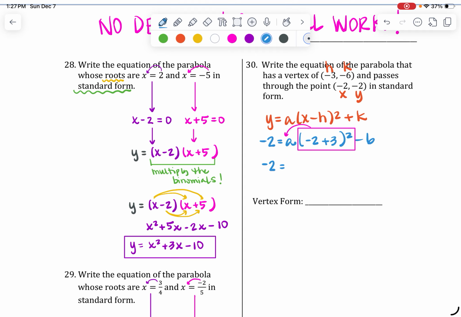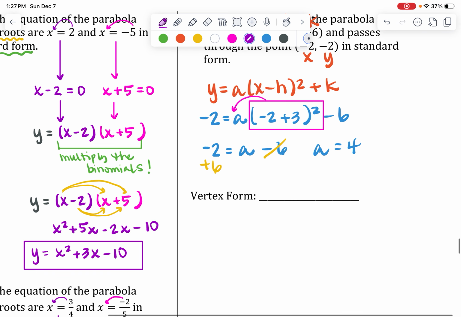So -2 equals, that's going to give me 1 squared, which is just 1. So my multiplier on my a is just 1, so I'm going to keep that there. So all I need to do is add the 6 over. So I'm going to get an a value of 4. Awesome. That means my vertex form is y equals 4 times (x plus 3) squared minus 6.